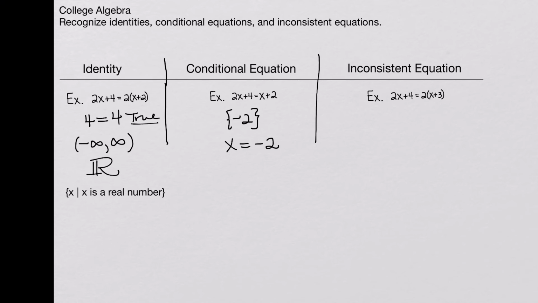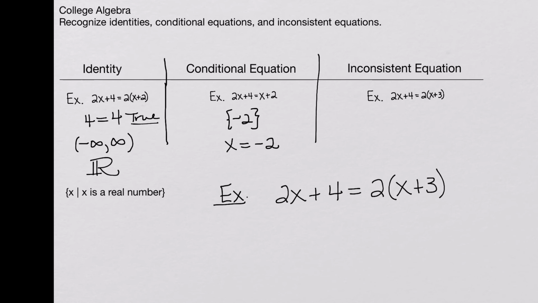All right, let's take a look at our inconsistent equation. So this example, we had 2x plus 4 equals 2 times x plus 3. All seem kind of similar.